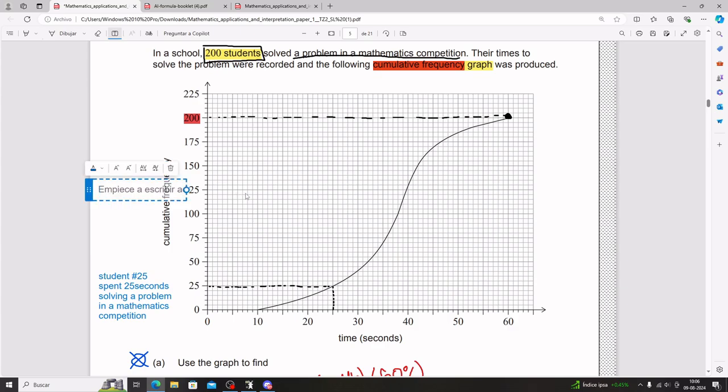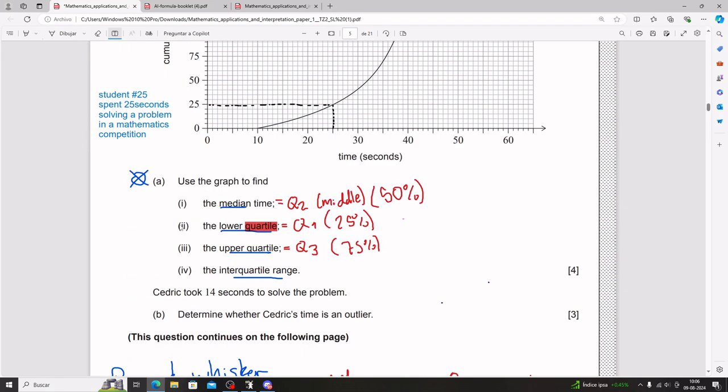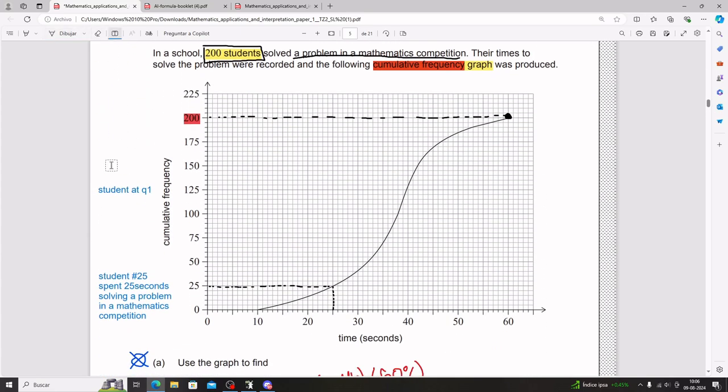But what if I'm asking for this student at quartile 1, which is actually what they're asking for in this part here? They want you to use the graph to find the lower quartile. In other words, they're asking for the person standing at Q1, which is the person that is 25% through your data. The student at Q1 is the student in the first 25% of your data, but right on that 25%. So if you have 200 students, what is 25% of 200?